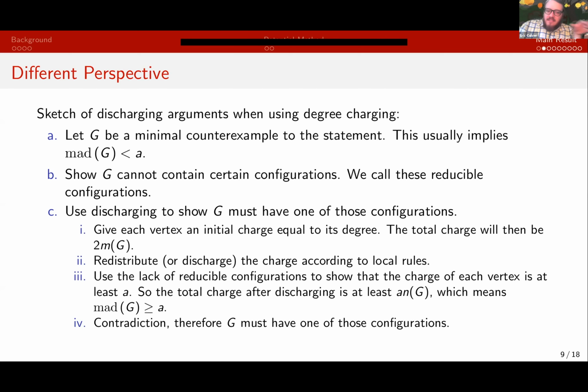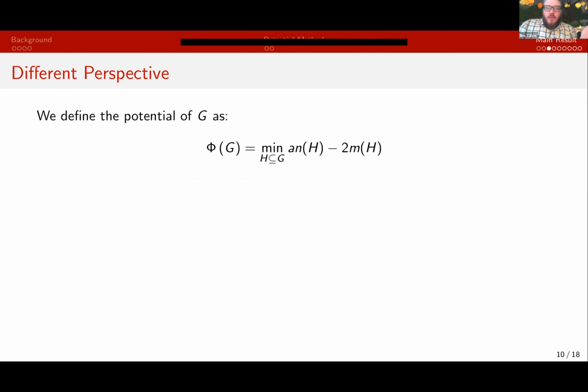Each vertex has at least A charge, so A times the number of vertices, which is what gives us our contradiction. It implies the maximum average degree is at least A, which shouldn't be the case. But what this means is that we get this nice little equation.